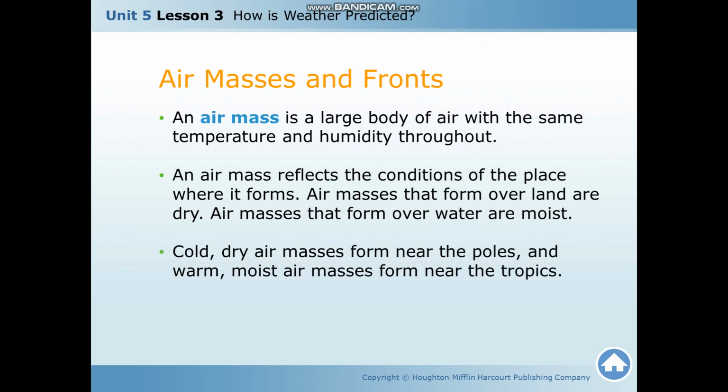Cold, dry air masses form near the poles and warm, moist air masses form near the tropics. Remember, near the poles, there are cold, dry air masses, and near the tropics, we have moist air masses.